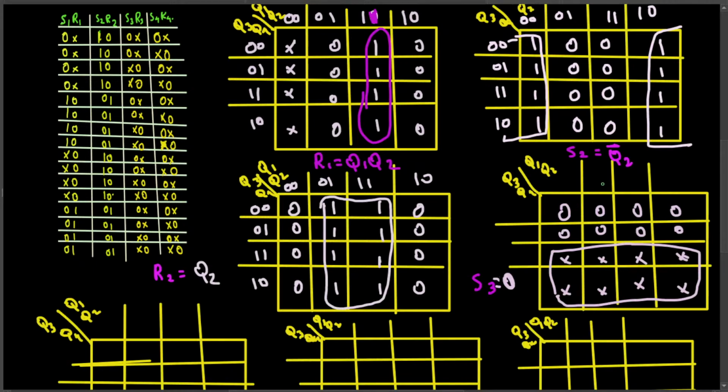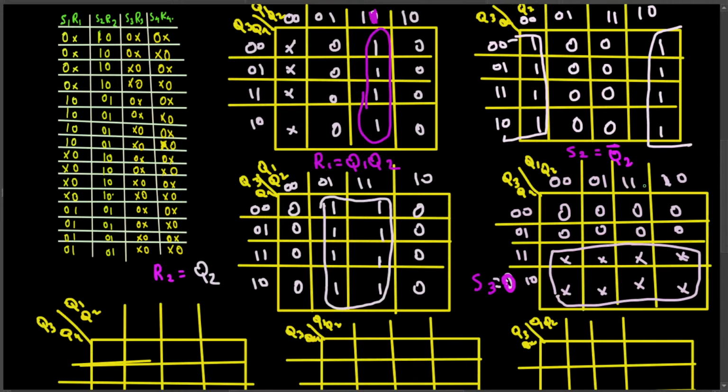Now let's go ahead and plug in the K-map. Label the K-map: 0 0, 0 1, 1 1, 1 0 on each axis. If I take these 8 don't cares as ones, what value am I going to get? Which is changing and which is not changing?